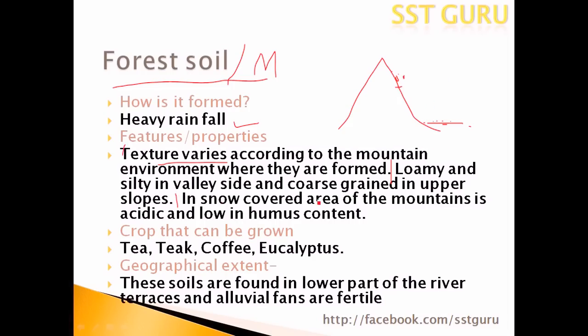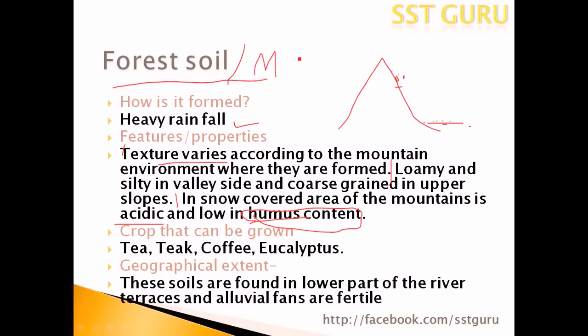And if the soil is covered by snow for most of the time, then it is going to be acidic and naturally have low humus content. So how can you develop the humus content? Humus can be developed when there is some organic matter which is decaying. You have leaves that are going to decay in the soil, then naturally the soil gets high humus content.